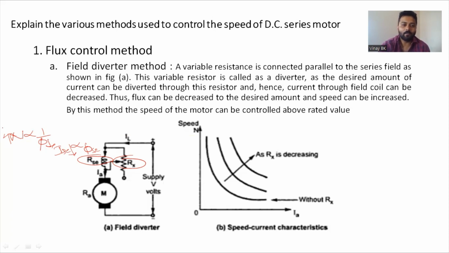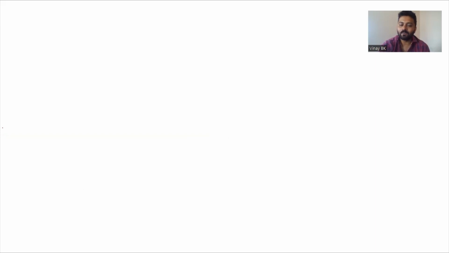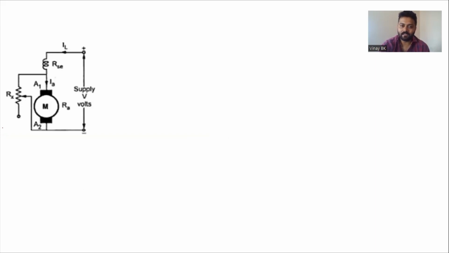Similarly, one more method is armature diverter method. The word itself says armature diverter method. In case of field diverter method, a rheostat is connected parallel to RSC, but in case of armature diverter method, a rheostat will be connected parallel or shunted across the armature.